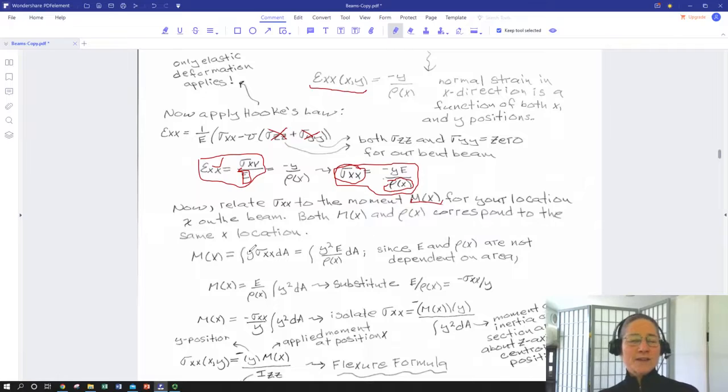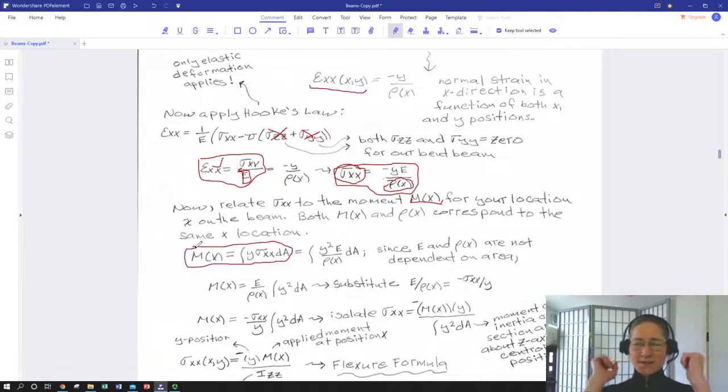If you remember, at the beginning of Beam's lecture 1, we had a relationship that said for a 2D beam, the moment at any point due to the sigma xx stresses is the integral of those stresses over the entire area of the end of the beam, times the y position of that little bit of area. Now sigma xx itself depends linearly on its y position.